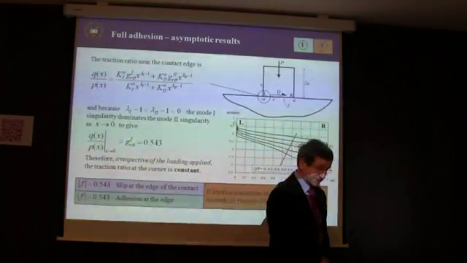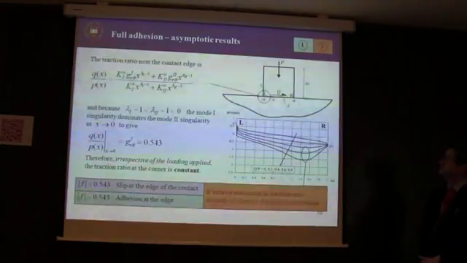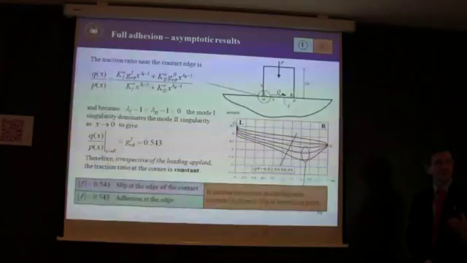And it turns out for 90 degrees that number is 0.54. So what that tells you is that if the coefficient of friction is at least that value, this corner will stick.